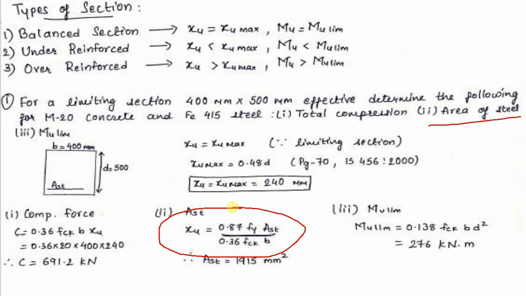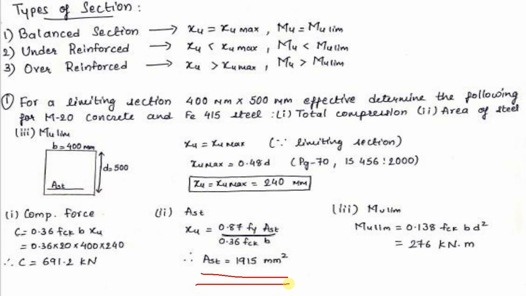Here the unknown will be Ast, so we need to make Ast the subject. Everything else has already been calculated or given. For example, Xu we have already calculated, fy is mentioned in the question, fck is mentioned in the question, and b is also given. So solving everything, we will be getting Ast equal to 1915 mm square.